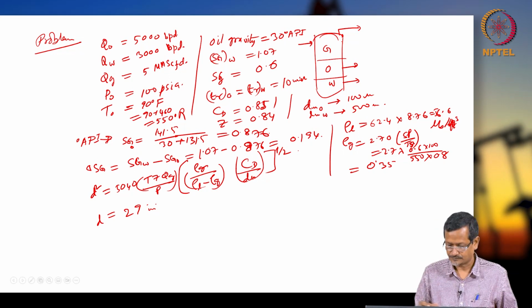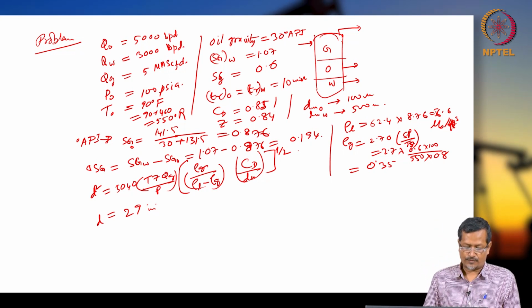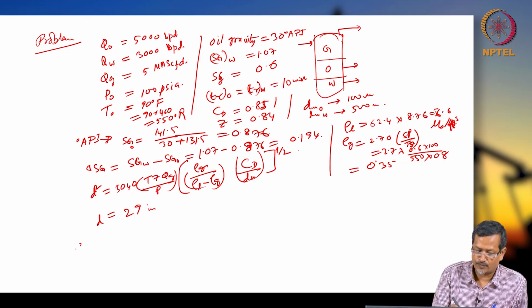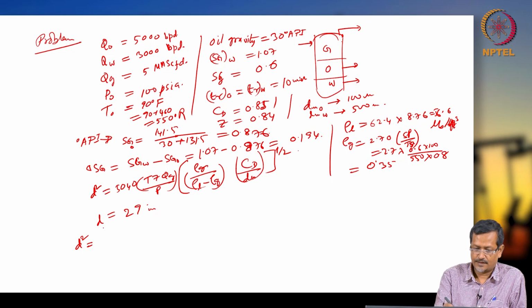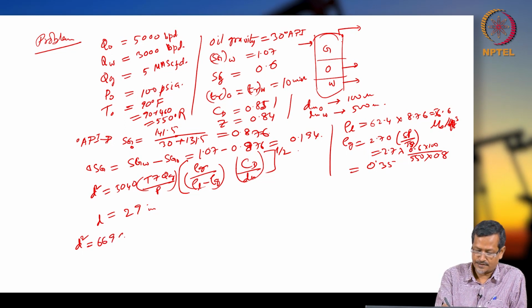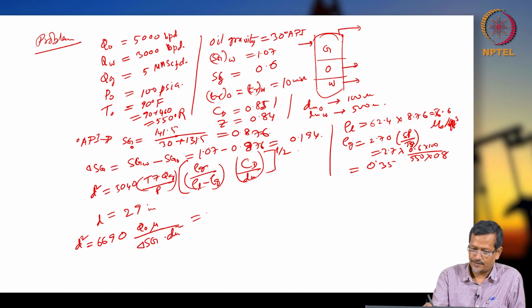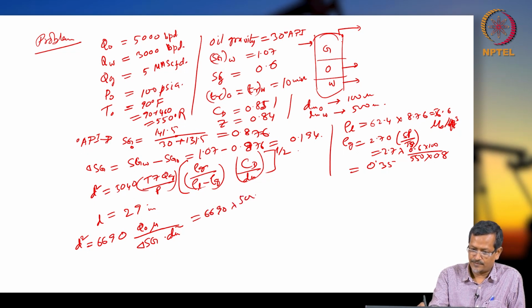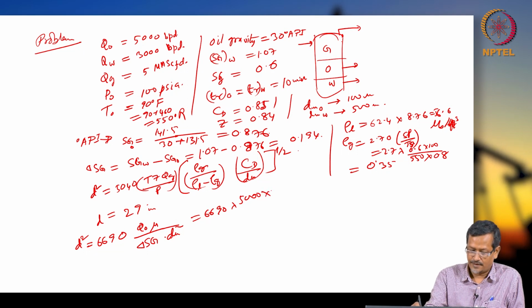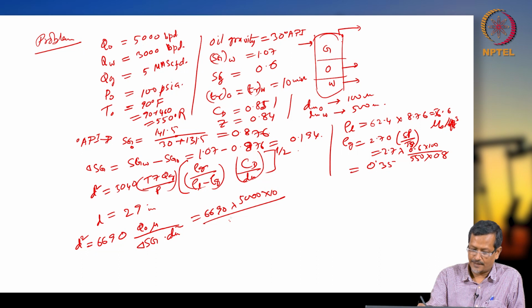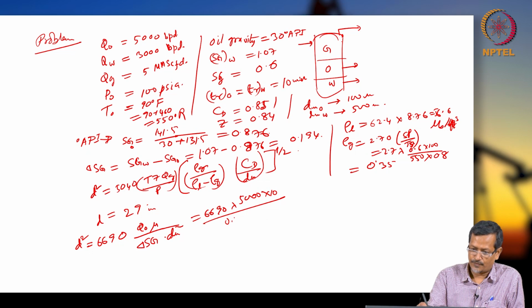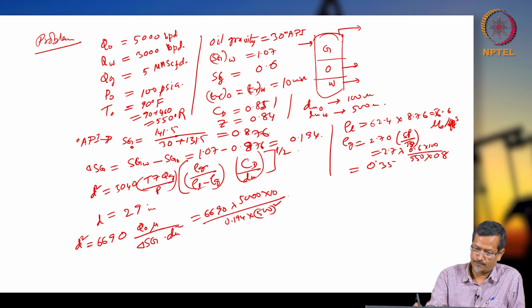Now the minimum diameter we have to calculate from the other formula, the water formula: D equals 6690 QO mu over del Sg into dm square. If we put in the data: 6690 into 5000 oil flow rate into 10, del Sg we already calculated 0.194, into 500 micron water particle size.